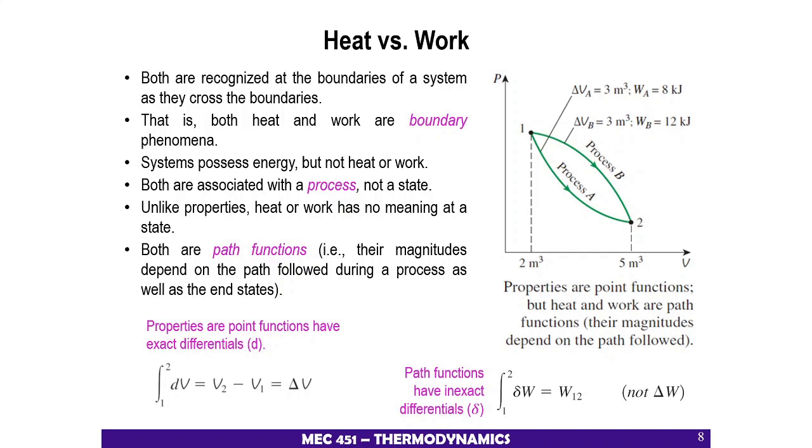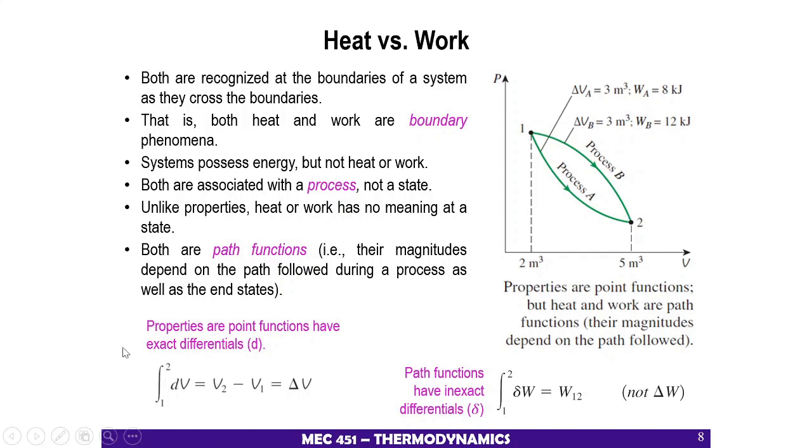Unlike properties, heat or work has no meaning at a state. Both are path functions, whereby their magnitudes depend on the path followed during a process as well as the end states. This is an example of a path, either process A or process B.